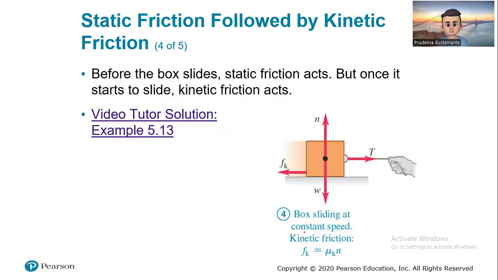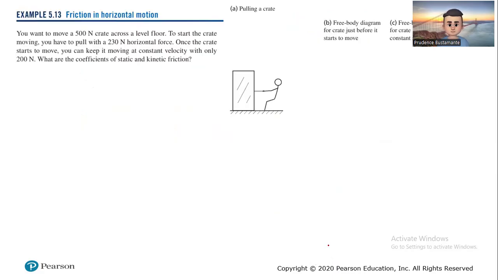When the box is sliding at constant speed, then the kinetic friction is the one that is acting, which is equal to the coefficient of kinetic friction times the normal force. Okay. So with that, let's try a problem.